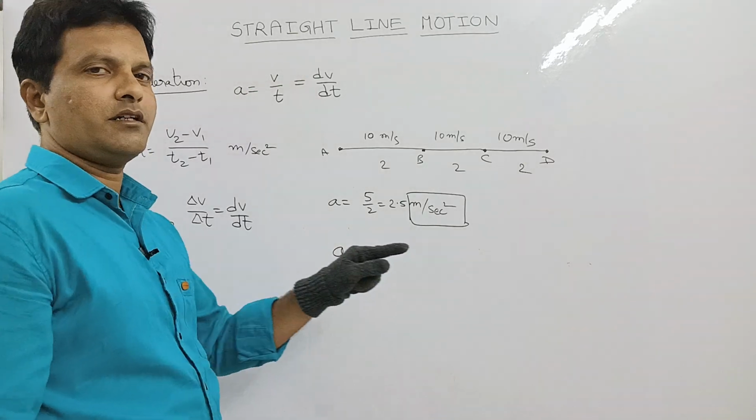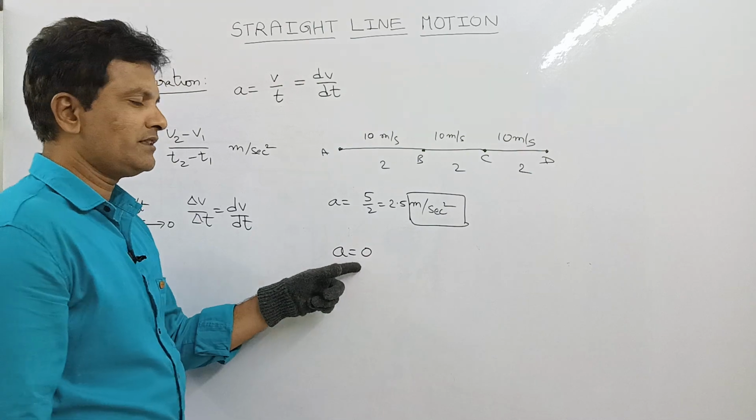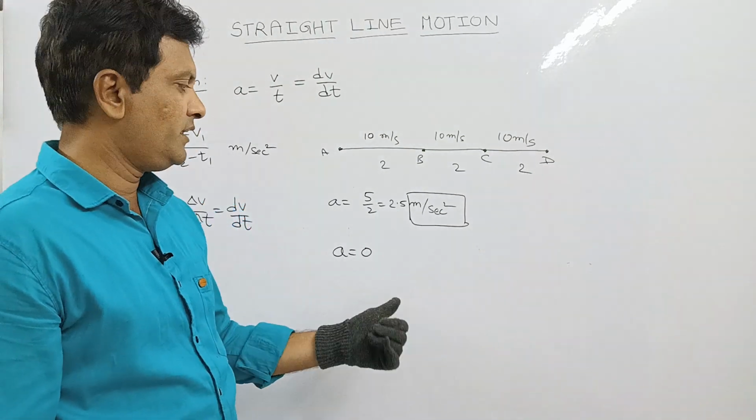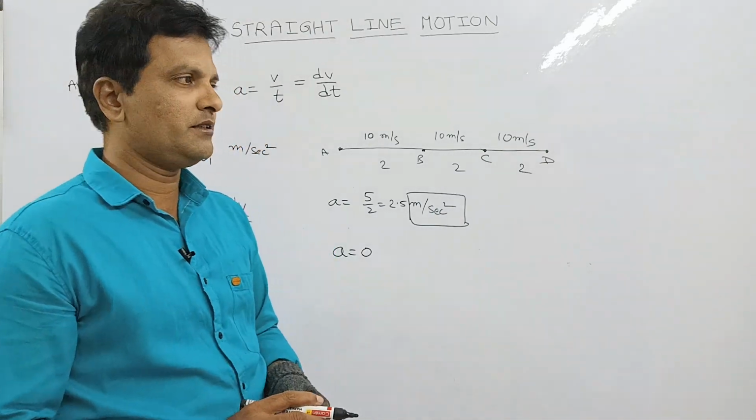It is moving with constant velocity. Constant velocity means acceleration is 0. Only when there is a positive change of velocity will we say the object is moving with acceleration.